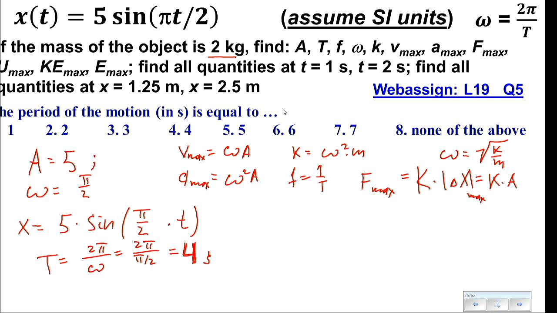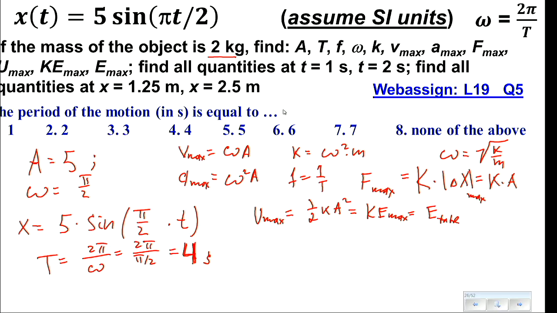When the object is at equilibrium, x is 0, force is 0. Force changes from 0 to maximum, back to 0 again to the maximum. U max, not U mass, U max, is 1/2 K A squared. That will be automatically equal to kinetic energy maximum, or total energy, because it is conserved and equal to maximum values.